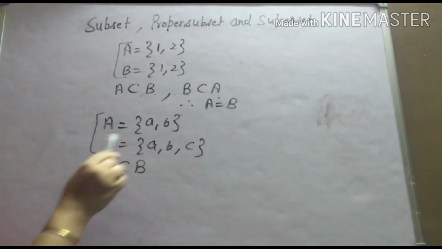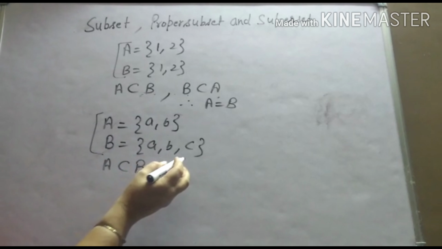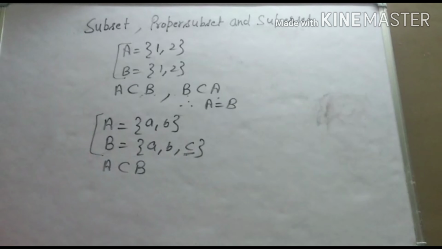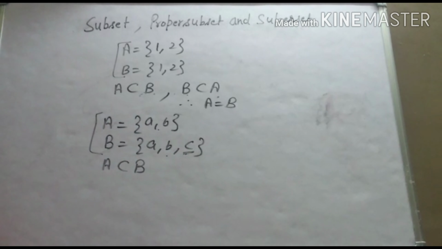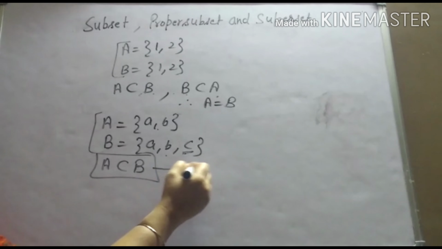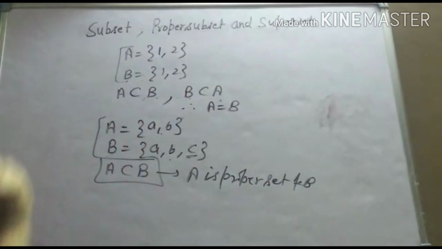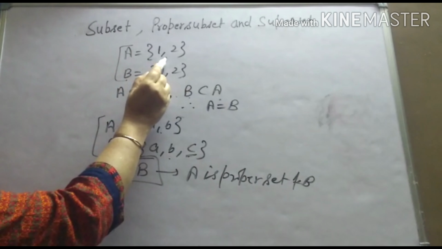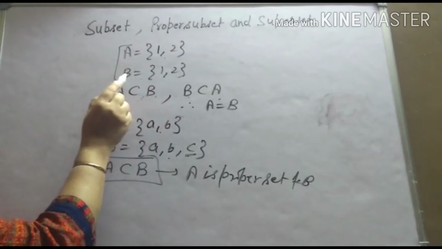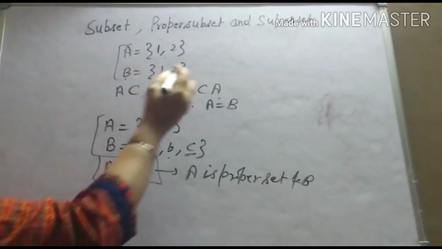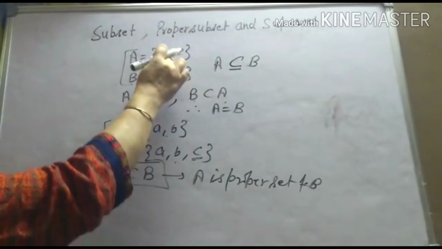In this case, every element of A is also the element of B, but there are some extra elements in set B. Therefore, A is proper subset of B. In this case, every element of set A is also the element of set B, but there are no extra elements in set B. Therefore, A is the subset of B, and also they are representing the equal sets.